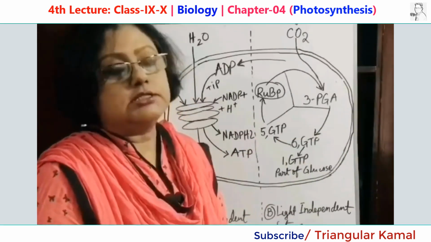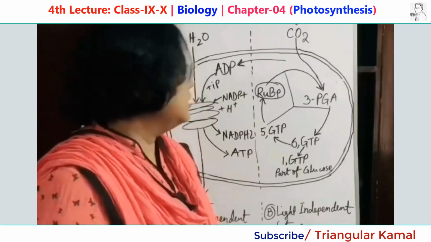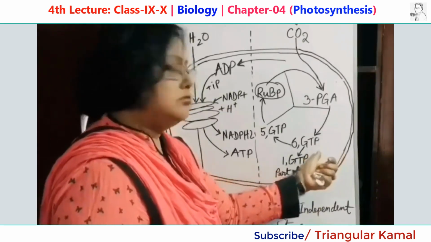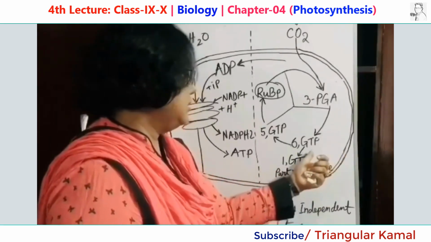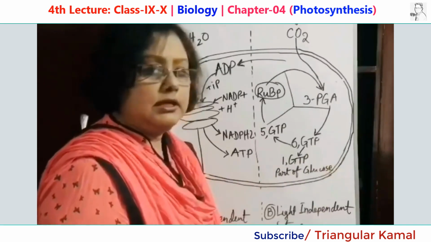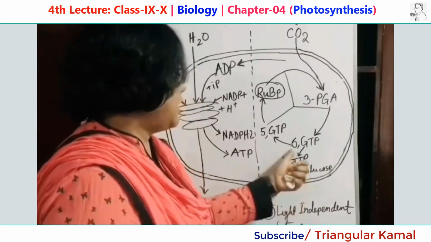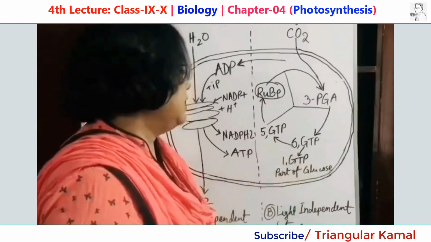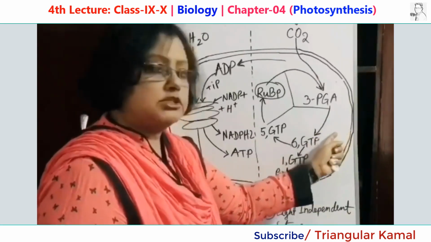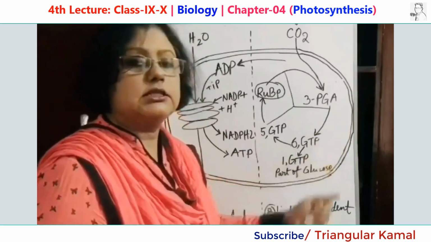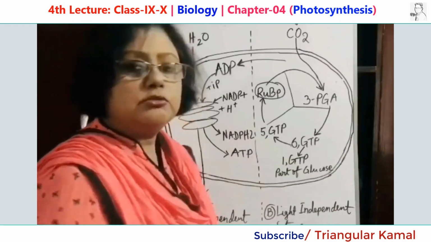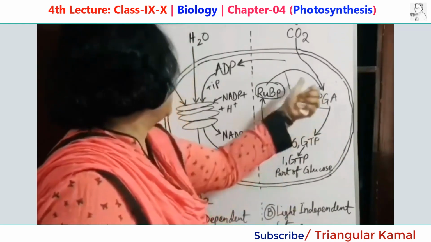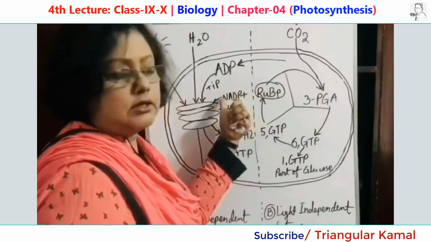By the hydrolysis of NADPH2, another kind of molecule is formed. What is that? GTP, guanosine triphosphate. How many molecules? 6 molecules. And NADPH2 is hydrolyzed here, releasing electron and turning into NADP plus and coming back to the thylakoid again.